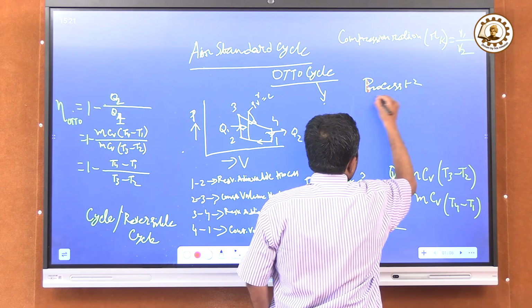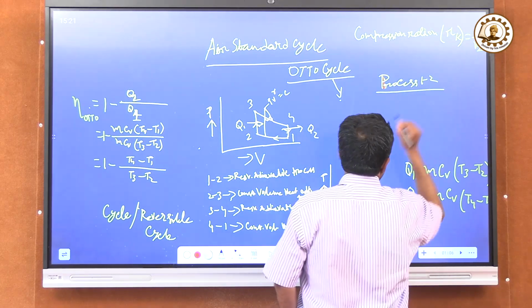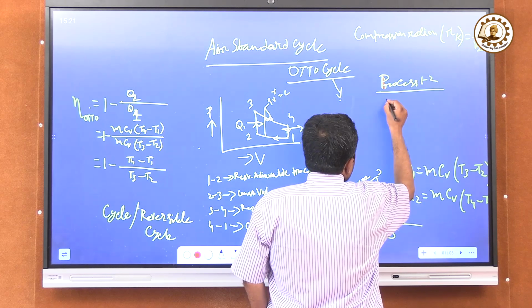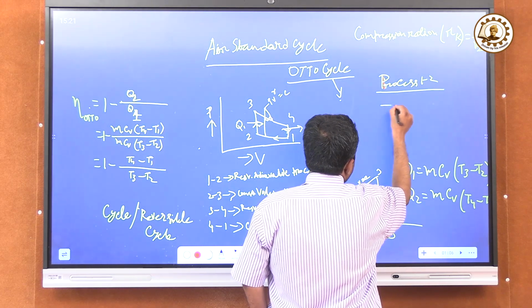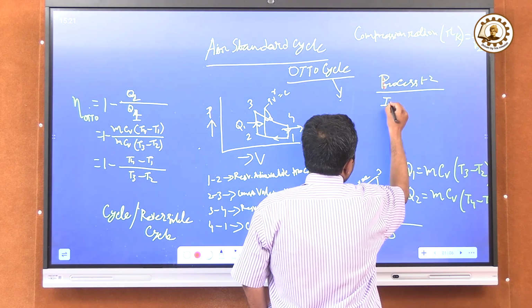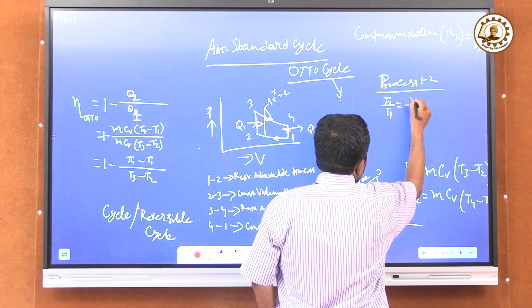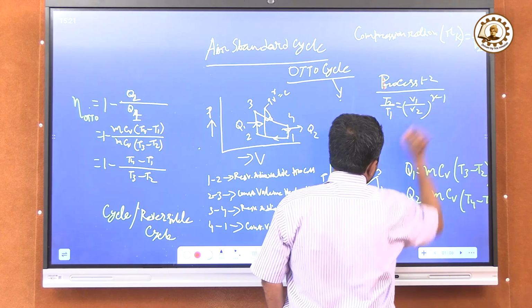For process 1-2, T2 by T1 is nothing but V1 by V2 to the power gamma minus 1.